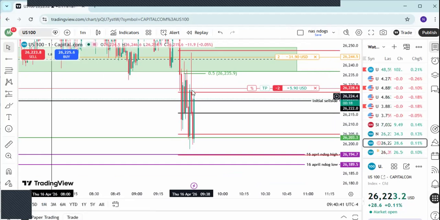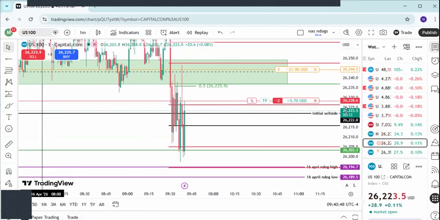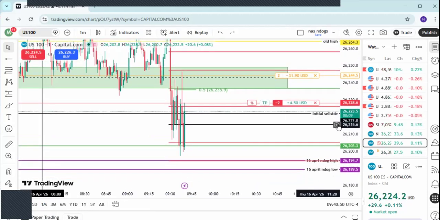This move, I would like to have seen it just go lower, but it doing something like this, that's something else. That's what it's gonna do.